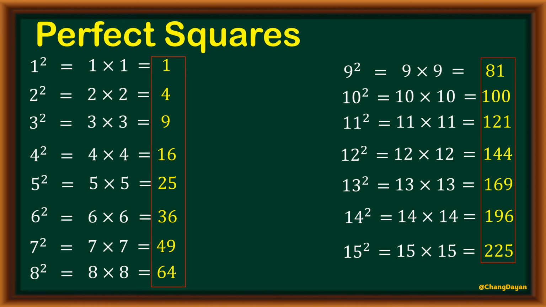Again, these products, which are 1, 4, 9, 16, 25, 36, 49, 64, 81, 100, 121, 144, 169, 196, and 225 are what we call perfect squares.